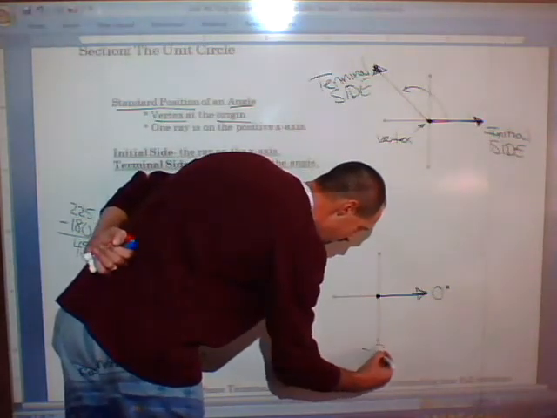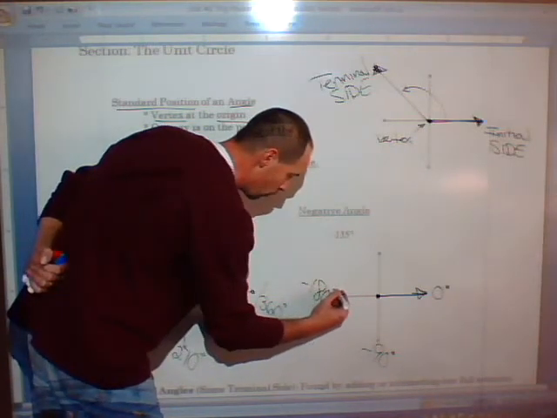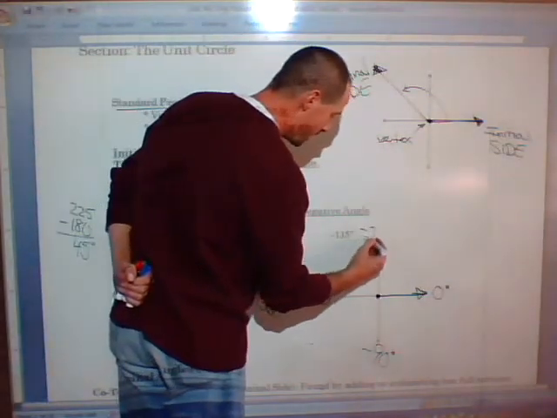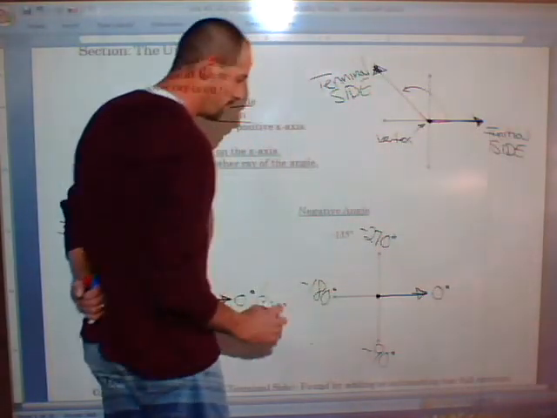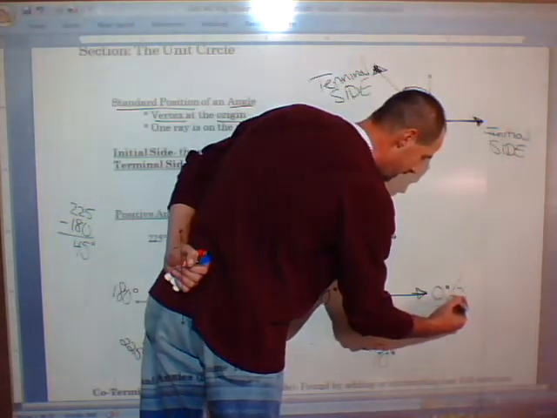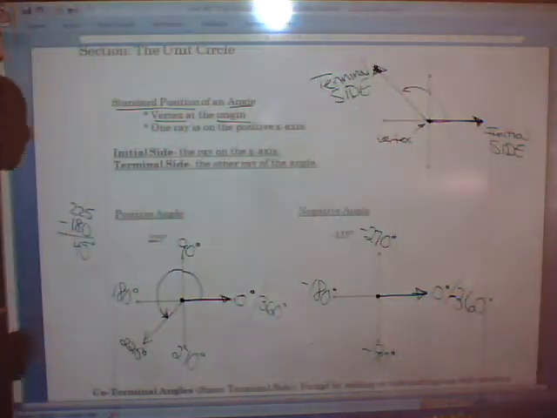So down here would represent negative 90 degrees. Over here, this would represent negative 180 degrees. Coming around, this would be negative 270 degrees. And then once you make it all the way around, this would be negative 360 degrees.